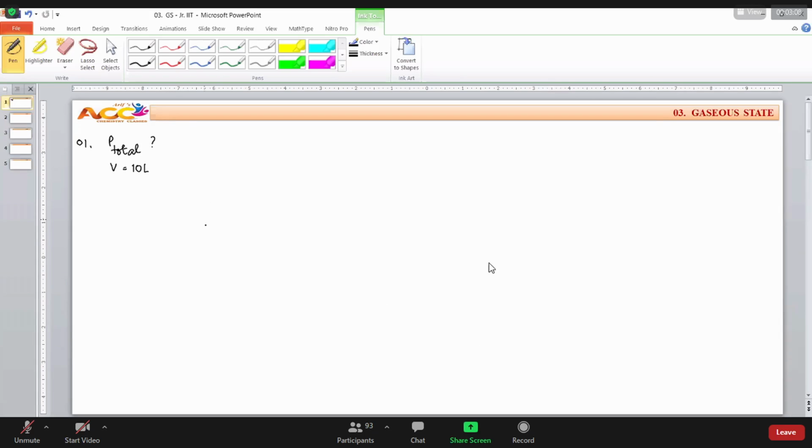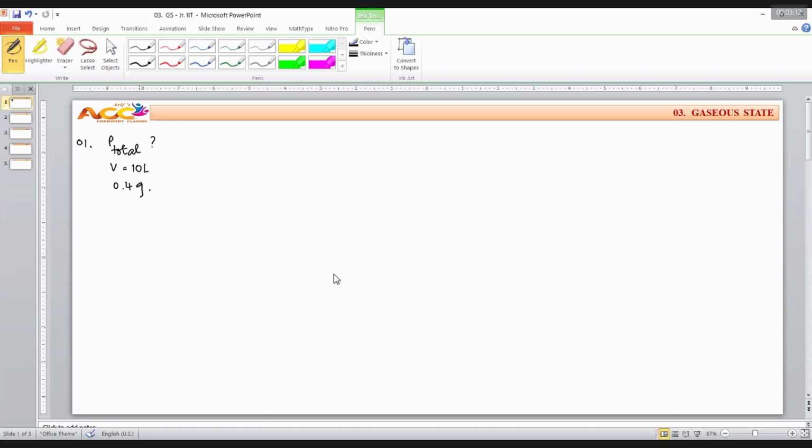It contains 0.4 grams of helium, 1.6 grams of oxygen, and 1.4 grams of nitrogen, at 27 degrees centigrade.